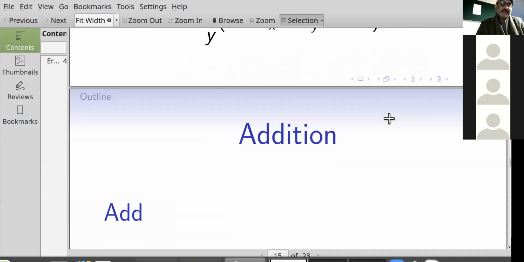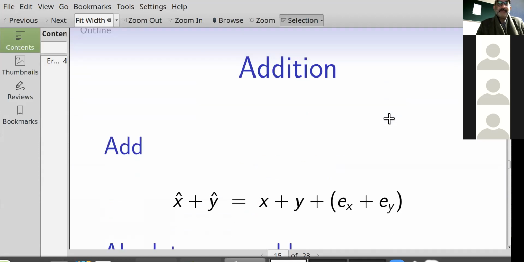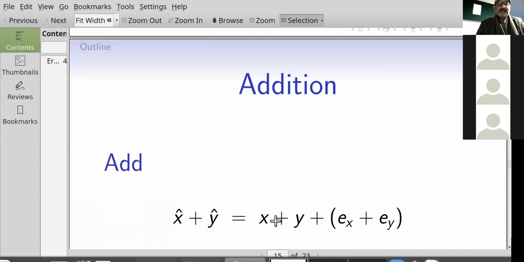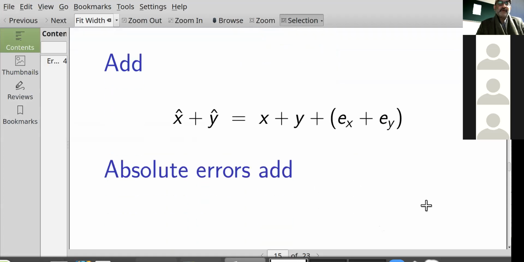Let's take a look at addition, another common operation. So x hat is equal to x plus the absolute error on x, and y hat is y plus the absolute error on y. And so when you're adding two approximations, your absolute errors will also add.